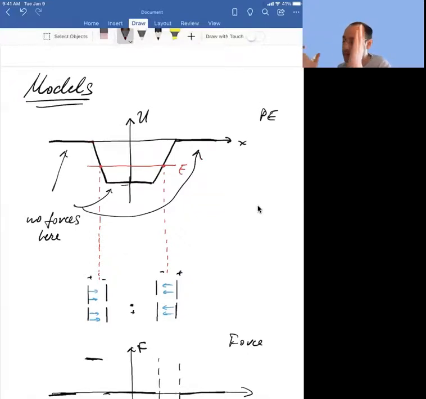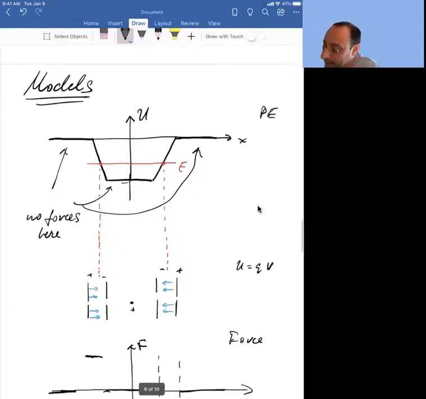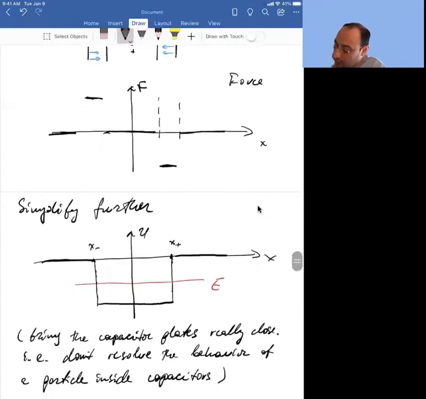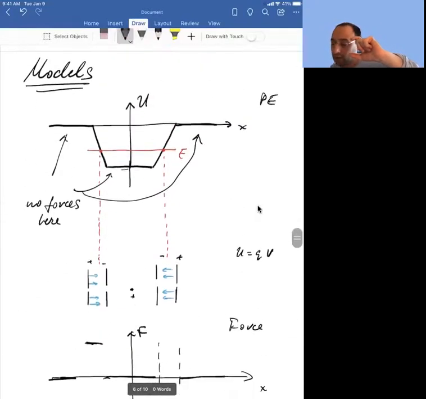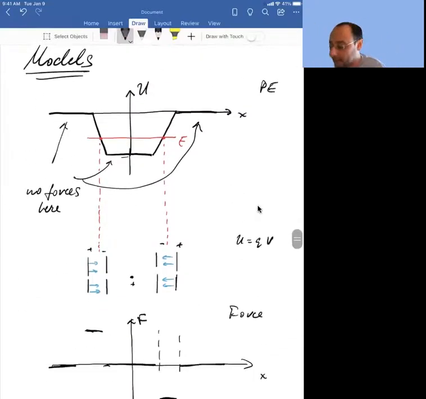So notice if you realize this with a capacitor, that means you apply a voltage difference between the plates. Potential energy is then given by Q times V. If I have a certain step in potential energy, that means I have a certain step in voltage. I'm not changing the voltage, I'm bringing the plates together.